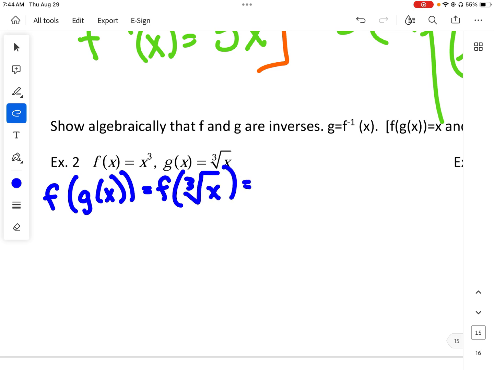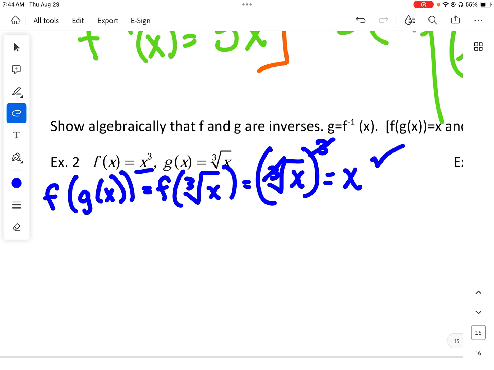So I'm going to put this into the function. Whenever you take the cube root but you cube it, those are inverses of each other. So it does equal x. We just proved the first one.